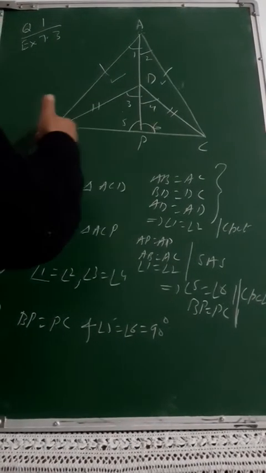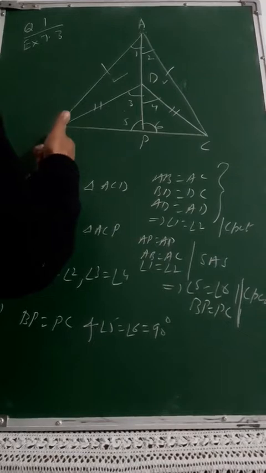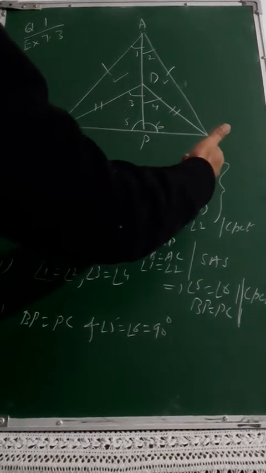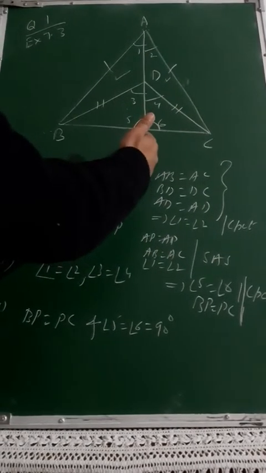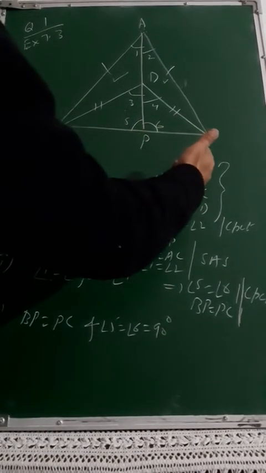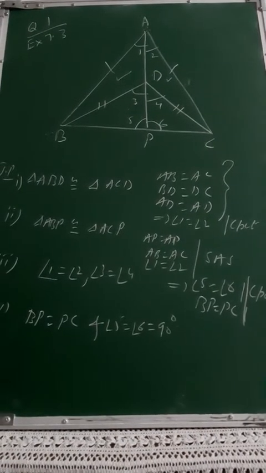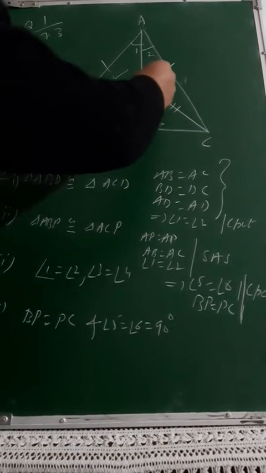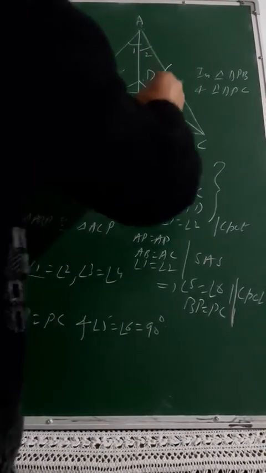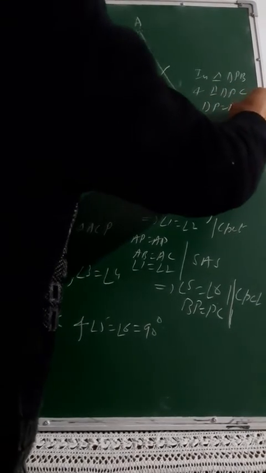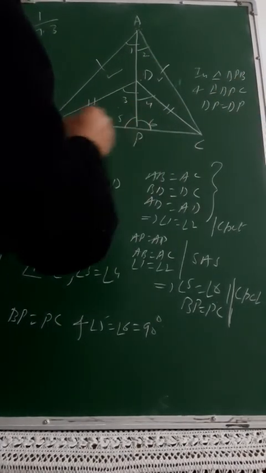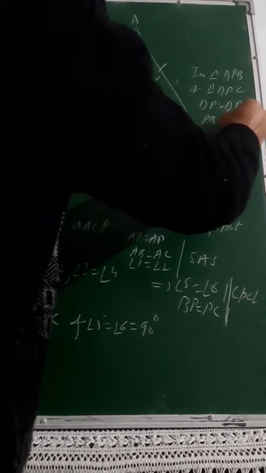So in these two triangles, now you see, that is your DPB and DPC. DP is equal to DP, 1; PB is equal to PC, 2; and angle 5 is equal to angle 6. Already I have proved. So these two triangles are congruent to each other by SAS. I repeat, in triangle DPB and triangle DPC, DP is equal to DP, then PB is equal to PC.